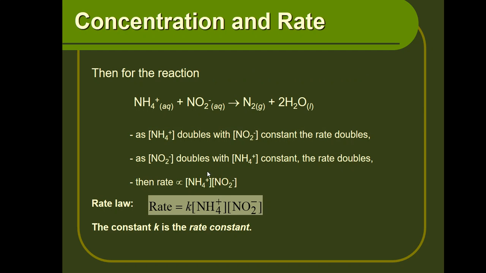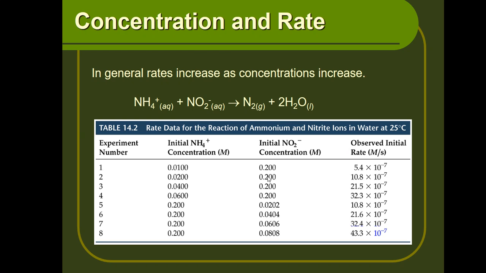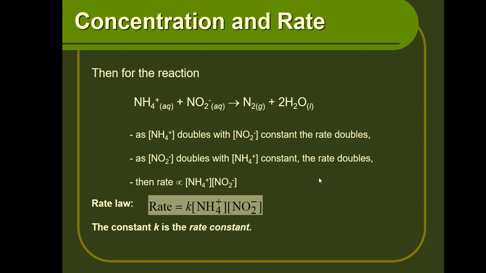So you can see that as the ammonium ion concentration doubles, with the nitrite ion constant, the rate doubles. So let's see. This is constant. We double the concentration here, and more or less the rate here also doubles. Now, what about the next?